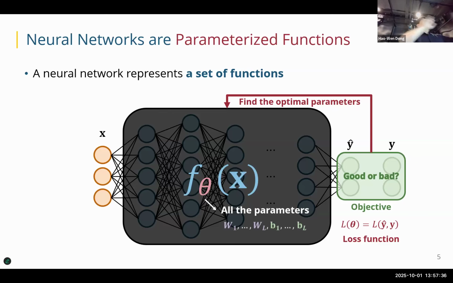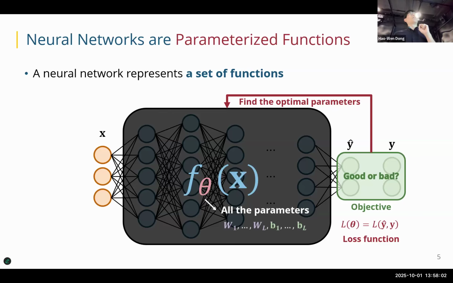So x to y, there's some mapping. f theta of x is the mapping, the neural network with certain weights and biases. Then technically you want to define good or bad between the estimated output, y hat, and the actual output y.